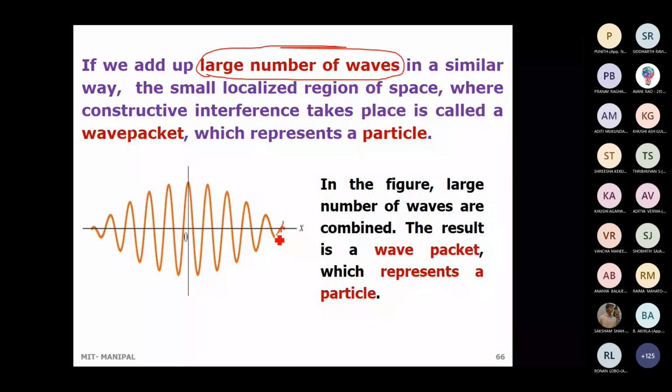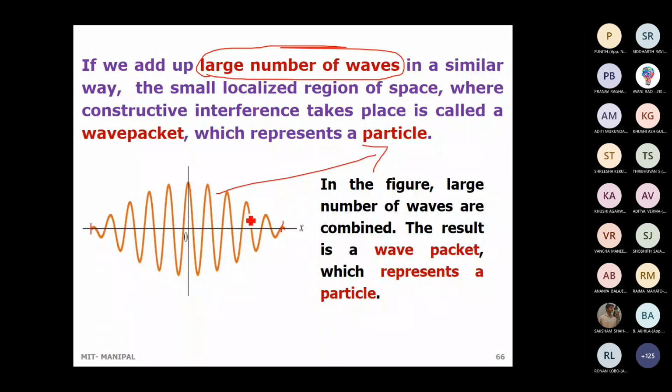To get this particular form, you need to add a large number of waves of slightly varying frequency. The resultant we call a wave packet, and it represents the particle.